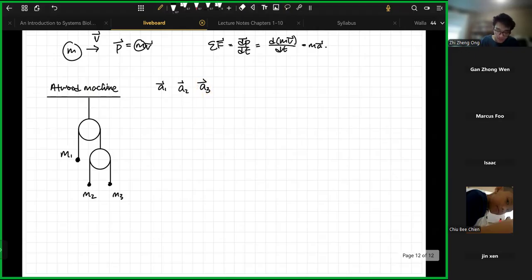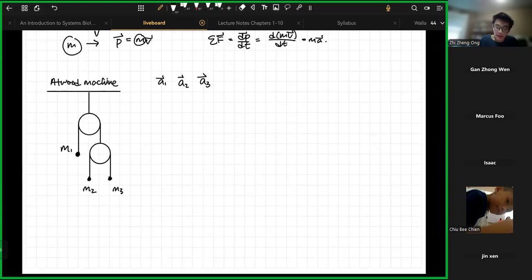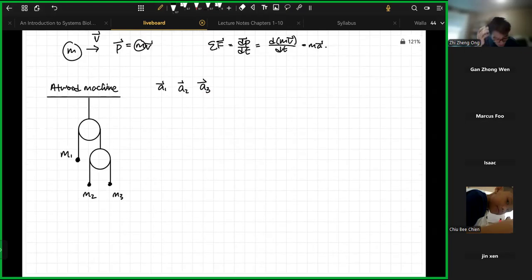Okay, hopefully you've had time to think about it. Can someone tell me, if I just want to express A1, what equation should I use right away? Should be quick. No one? Okay, sure. So there's tension and gravity.